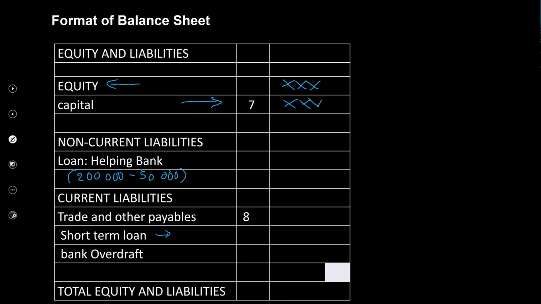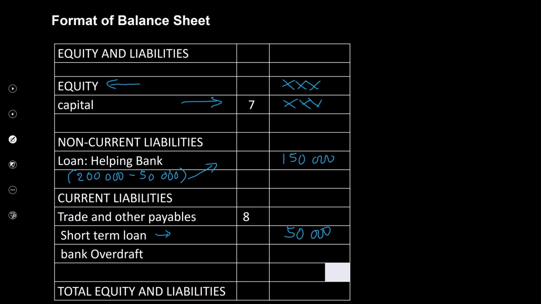So you take your 200,000 minus the 50,000, which will give you your loan figure here of 150,000 Rand. You're showing your calculation. Can you see that? Okay, now that 50,000 that you've subtracted from your non-current liability must now become your short-term loan of 50,000 Rand.